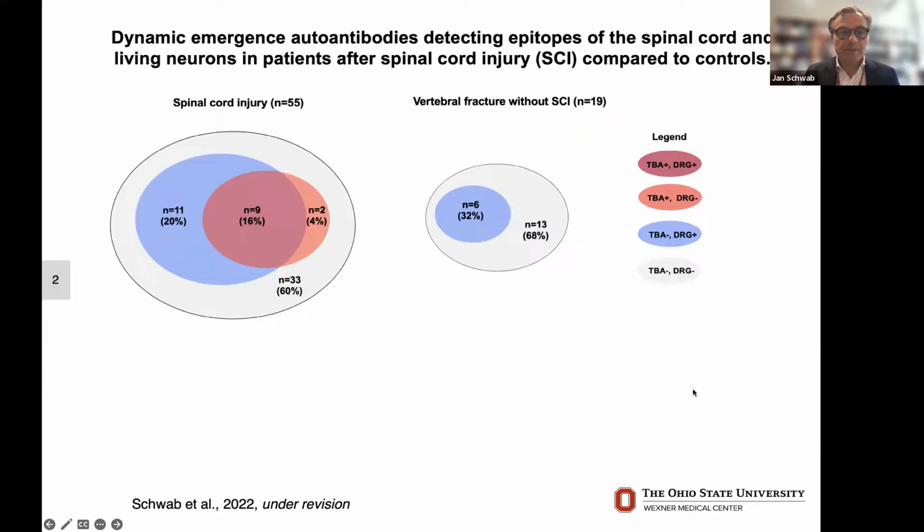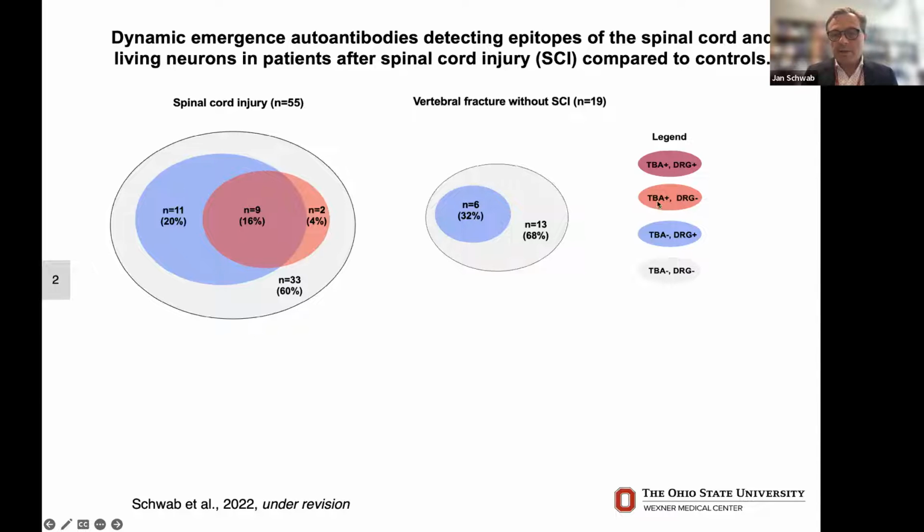So if you have a more systematic analysis of the entire cohort being investigated, the group of spinal cord injury patients, and the control group, we can see in these Venn diagrams, color-coded, those patients being double positive, being positive in the tissue-based assay, but also positive in the DRG cell-based assay.